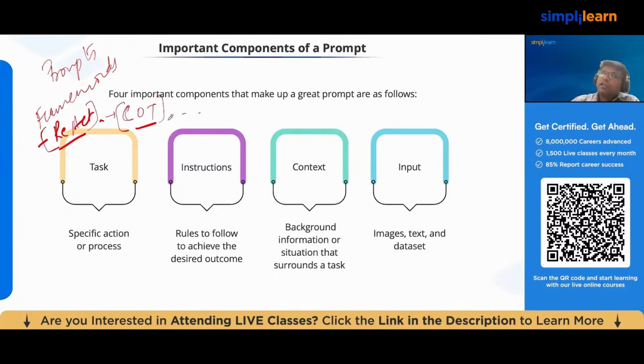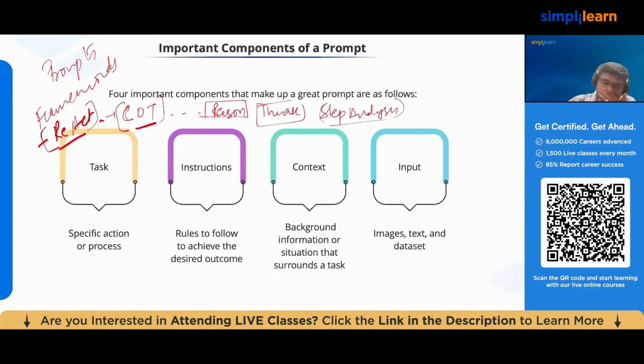Chain of thought is saying that you give some instructions to the LLM, and then you tell it, okay, reason on this instruction, reason on this particular statement, or think on this statement, and then give me a step by step analysis of this, right?